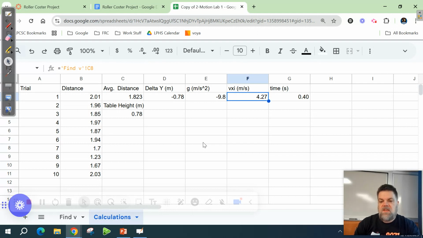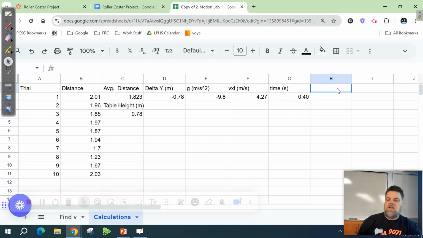Now, to find the total distance this thing traveled, what you're going to do is you're going to put x, ds, well, what do I want to call it? Yeah, we'll call it displacement. One more formula. So this formula, you're going to hit equals.